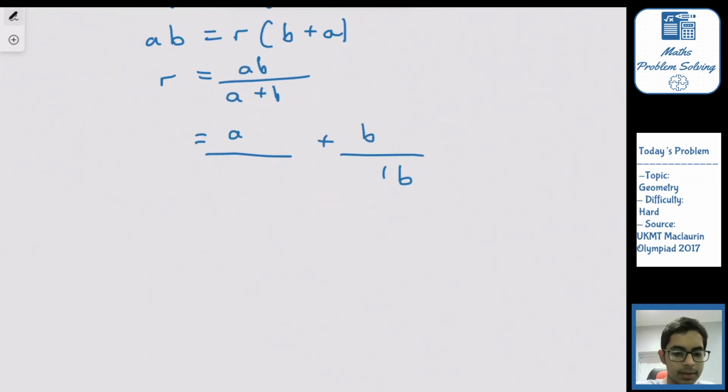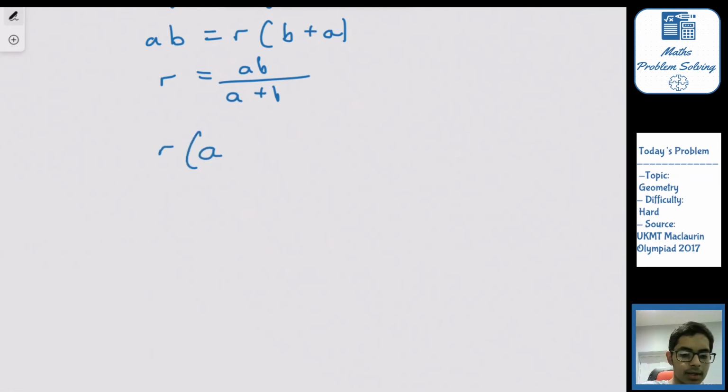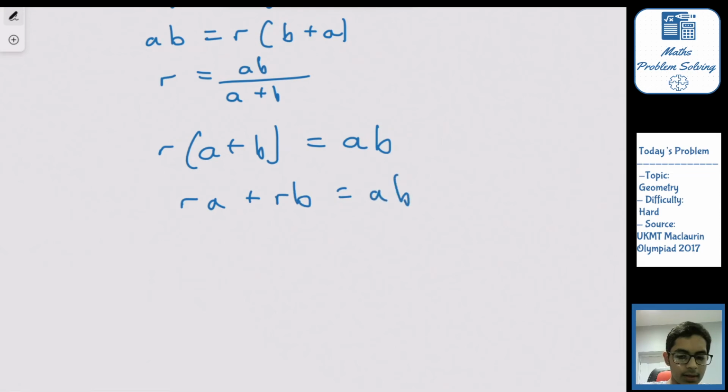But maybe instead, if we multiply both sides by a plus b, then we get this equation over here. So this might help us, I'm not sure. But we have this. And now if we divide everything by r, we get a plus b equals ab over r.